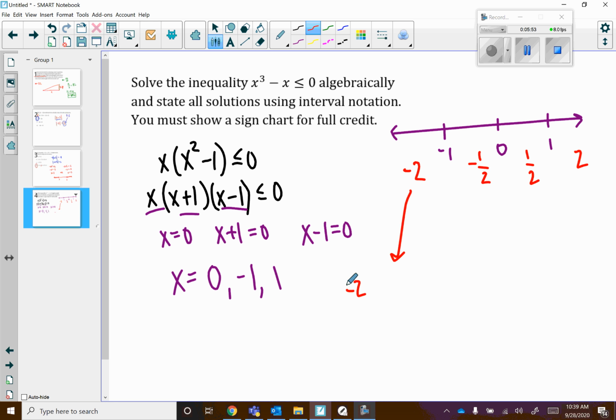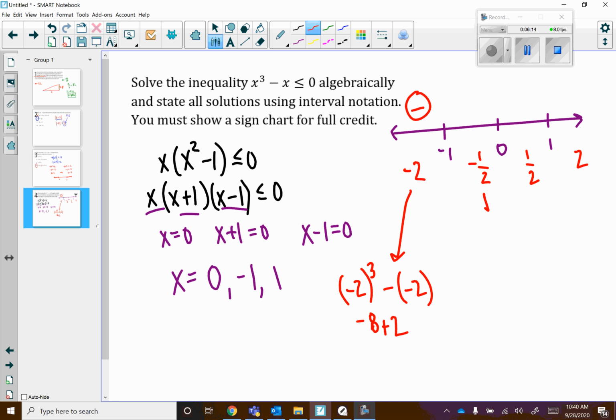So -2 cubed minus a -2, and we just need to see what the sign is. -2 cubed is going to be a -8 plus 2. We still get a negative value. So I'm negative from -infinity to -1.